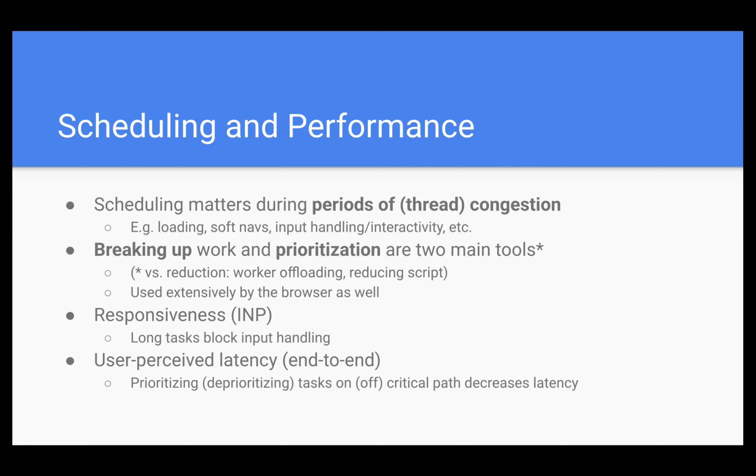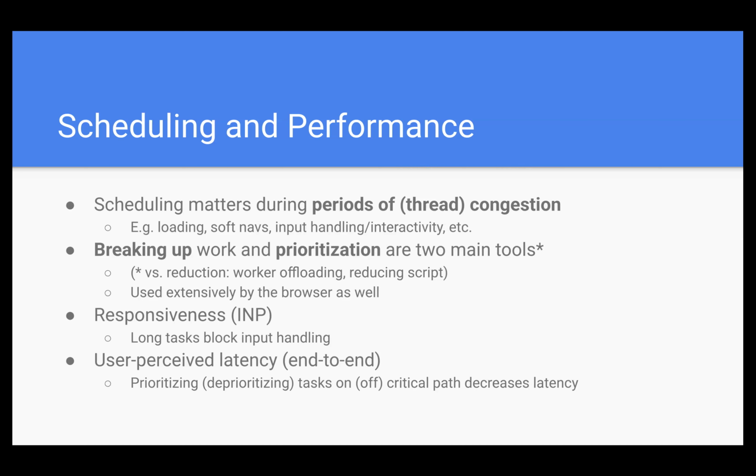But what we're focused on is, for things that have to run on the main thread, how can we optimize that? We use these strategies in the browser everywhere. I'm sure other browsers use this as well, not just on the renderer but in the browser thread too. We chunk up work and prioritize it in very similar ways to what sites could do.